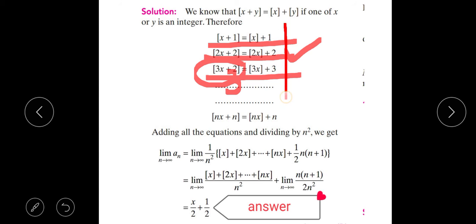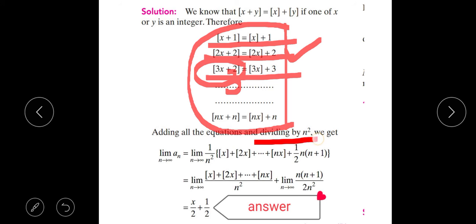If we add the equations and then divide by n squared, we get 1 by n squared into [x] + [2x] + [3x] + ... + [nx] plus 1 + 2 + 3 + 4 + ... + n, which is written in compact form using the formula of sum of first n natural numbers, that is n(n + 1)/2.